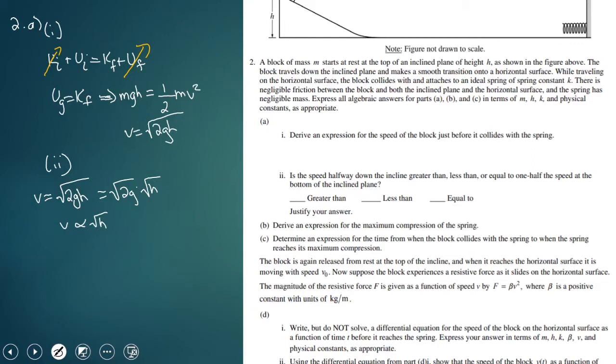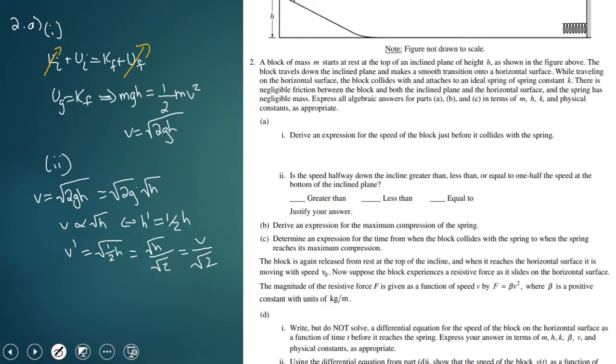And so when we have our h prime equal to 1/2 of the original h, what we get is our v prime is equal to the square root of 1/2 h, or the square root of h prime, which is equal to the square root of h over root 2. So it's equal to our original v over root 2. So this is essentially a proportionality.